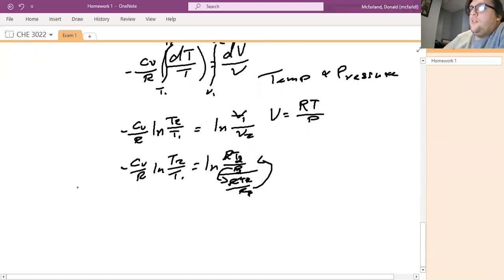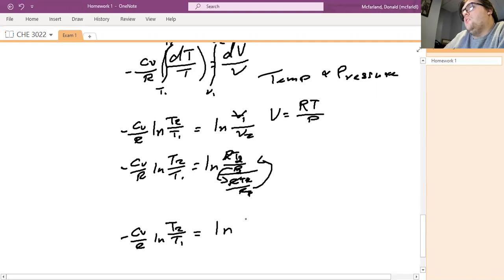So with that, our equation now looks like negative CV over R, natural log of T2 over T1, which is going to be equal to the natural log of T2 P1 over T1 P2.